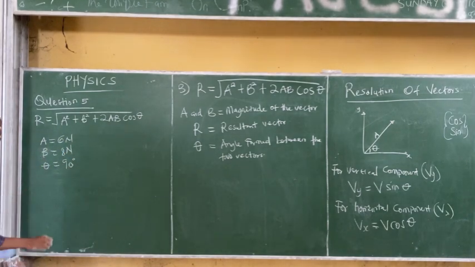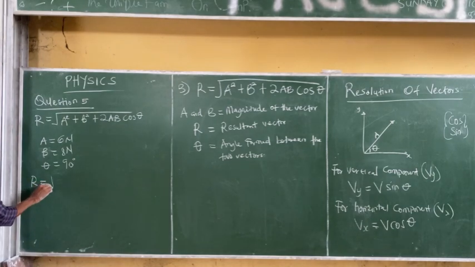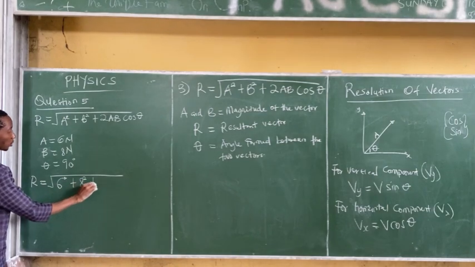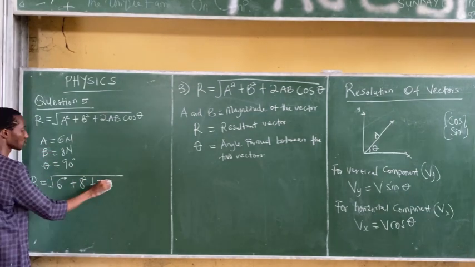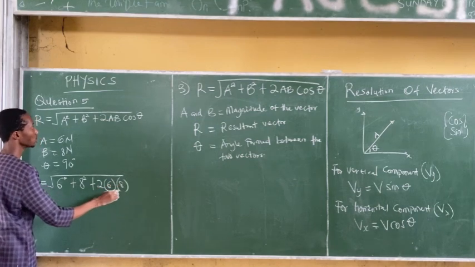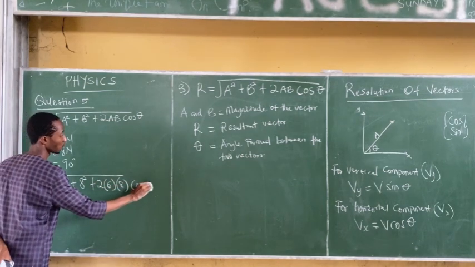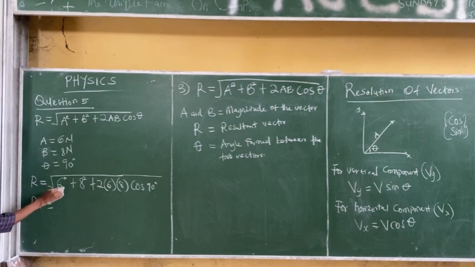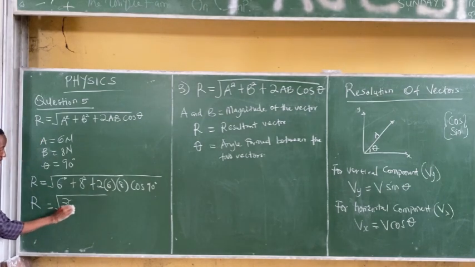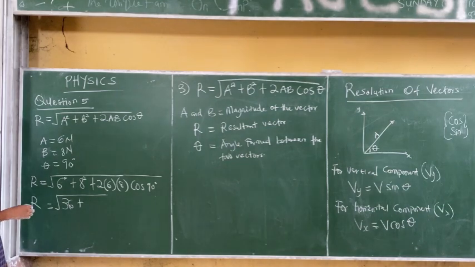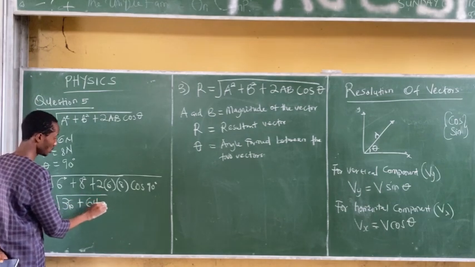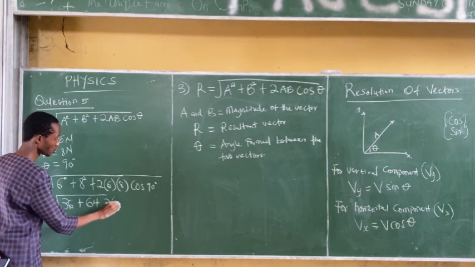When we substitute this into the equation, we have R is equal to square root of 6 squared plus 8 squared plus 2 into A, which is 6, and B is 8, cos 90 degrees. 6 squared is 36, and 8 squared is 64.